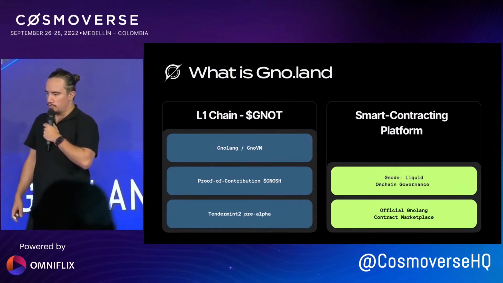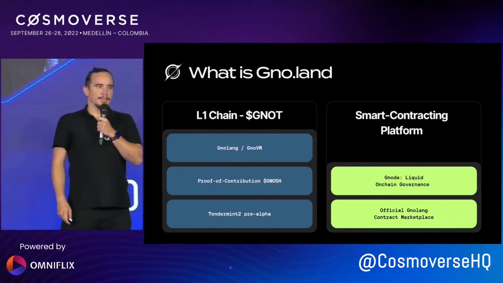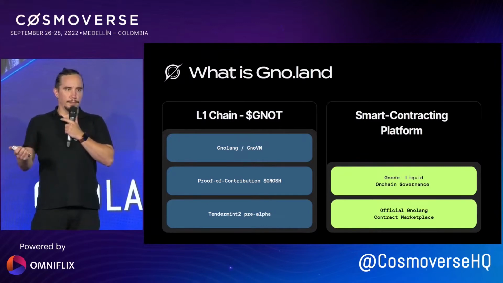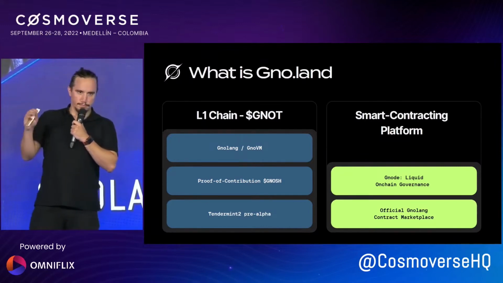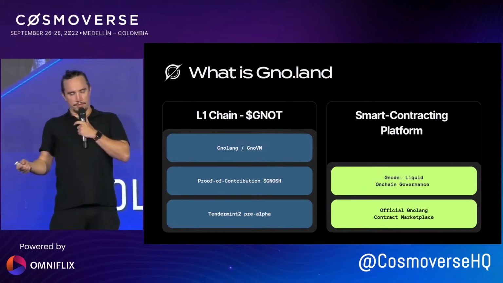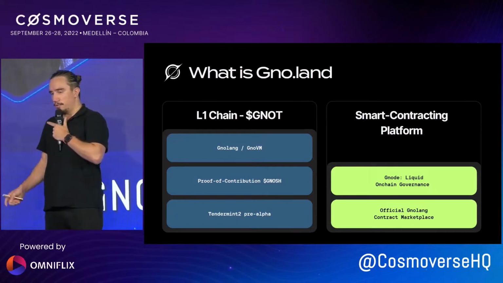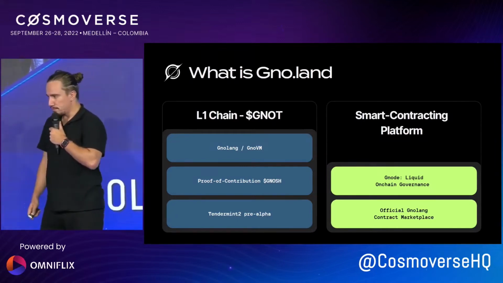So we introduce a second token, the Gno share. And it's based on Tendermint 1, but we made massive changes that will eventually become the Tendermint 2 library for future chains.